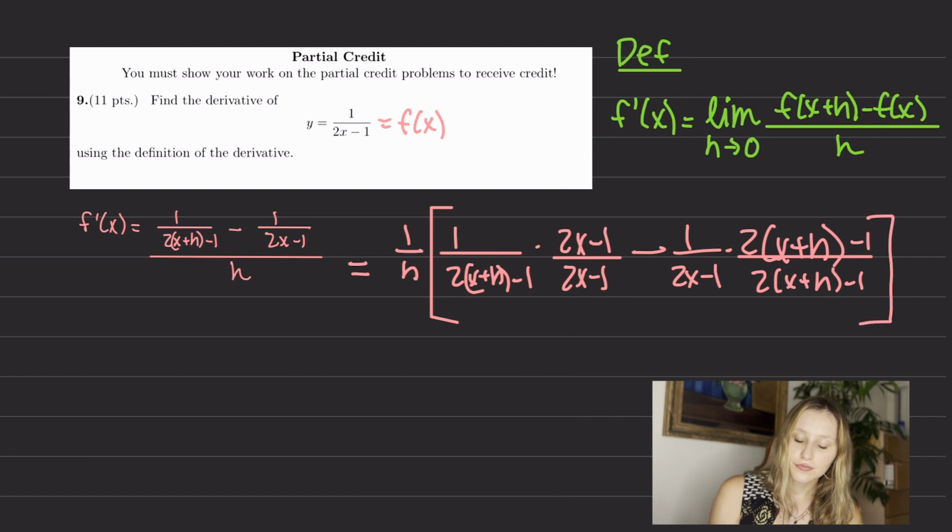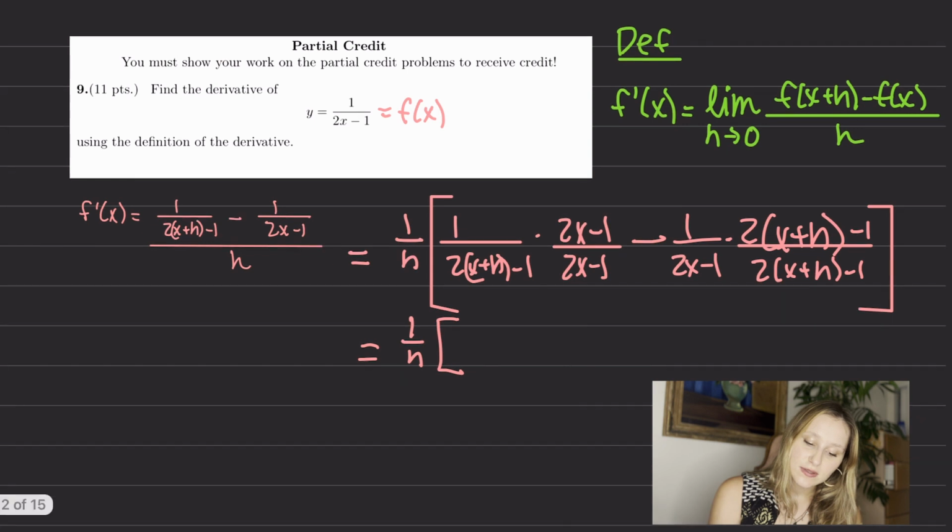Okay, let's write this out. The bottom, the fractions become 1. So we have 1 over h times 2x minus 1 minus 2 of x plus h minus 1.